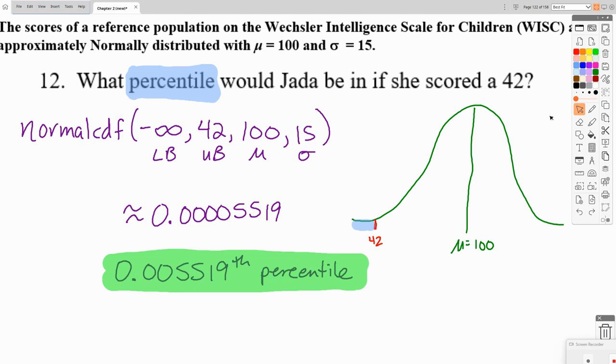And so it's perfectly fine to write your answer in scientific notation. Since I asked for the percentile, then I moved the decimal point over 2 to the right, and then I wrote that number percentile. I would be perfectly happy with the scientific notation answer, or if you actually want to tell me a percentile, just make sure that you interpret it correctly.